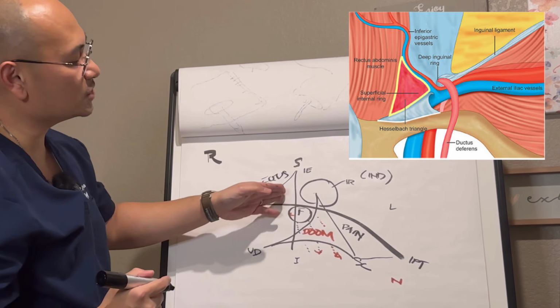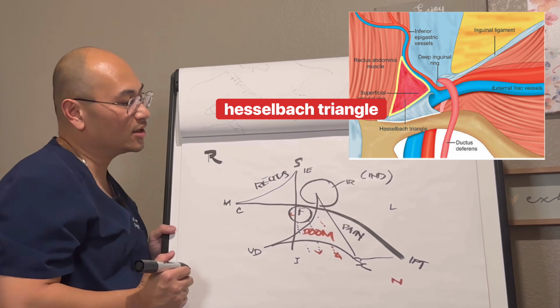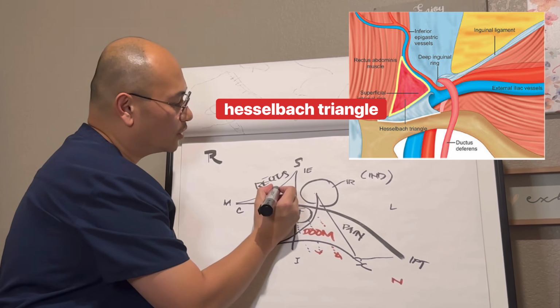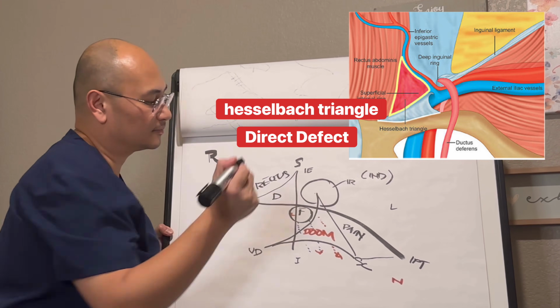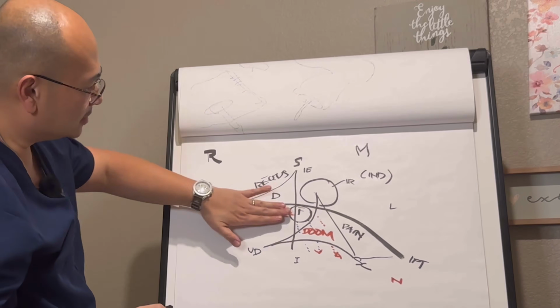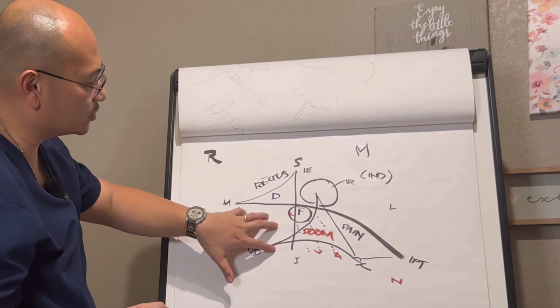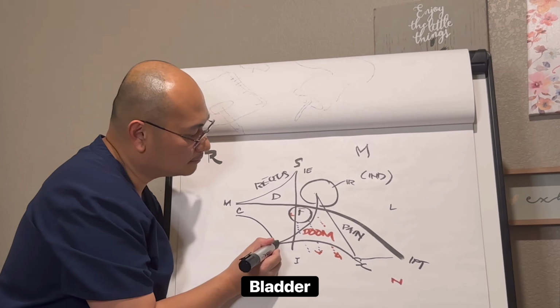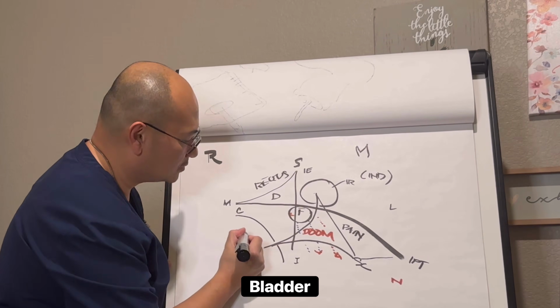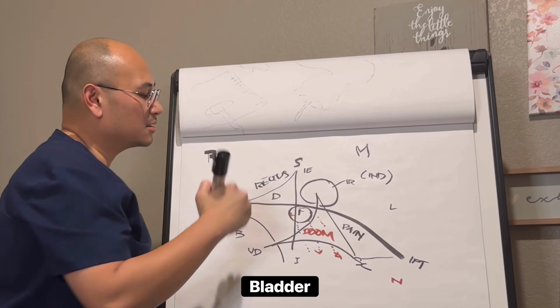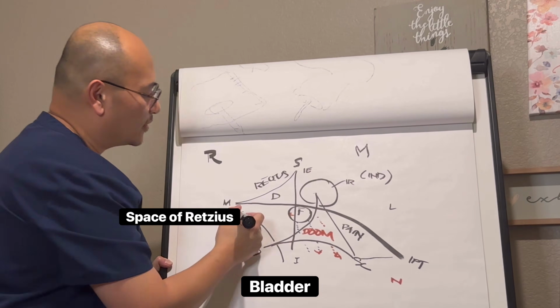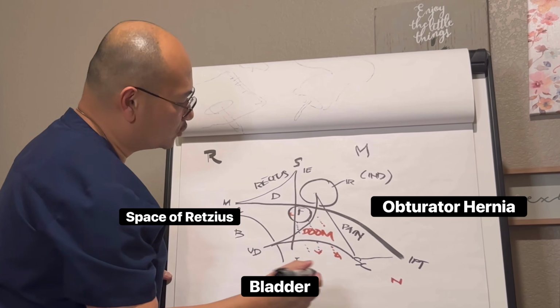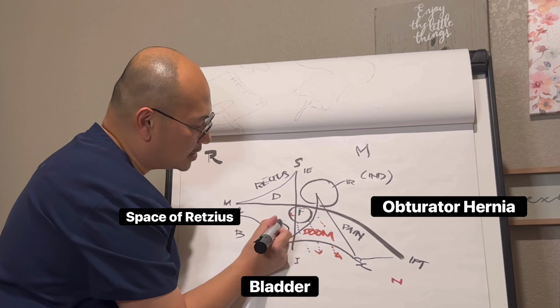And this forms Hesselbach's triangle. And this is going to be your direct defect. In here, what are the organs that are going to be here? This is going to be your bladder. And anterior to it is going to be your space of Retzius. Where's your obturator hernia? It's going to be way down here.